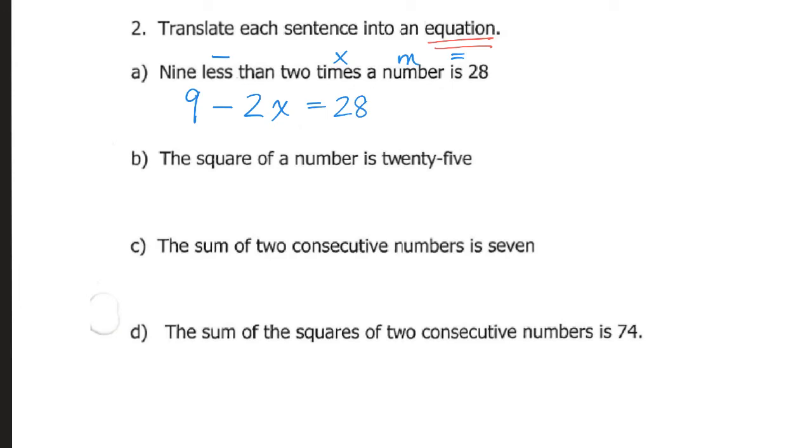And I hope we see that we've translated individual words correctly, but not the meaning of the sentence correctly. And I want to come back to what we see underlined, 9 less than 2 times a number. Notice, 9 less than 2 times a number.